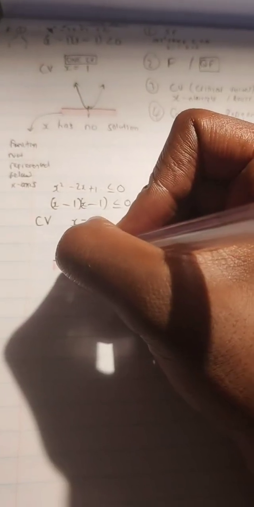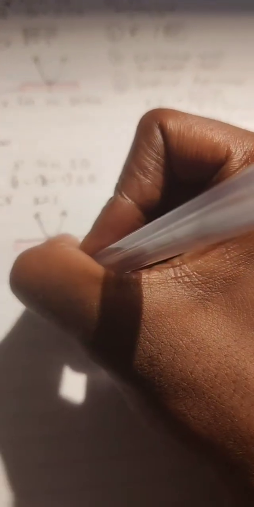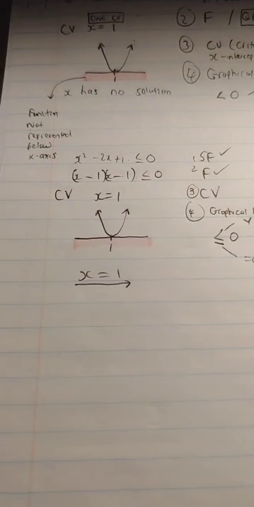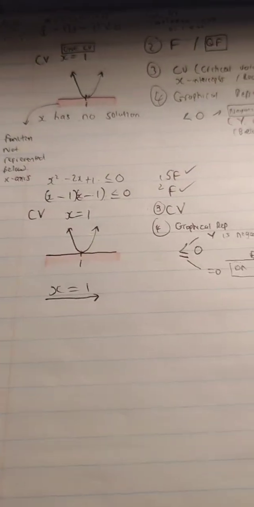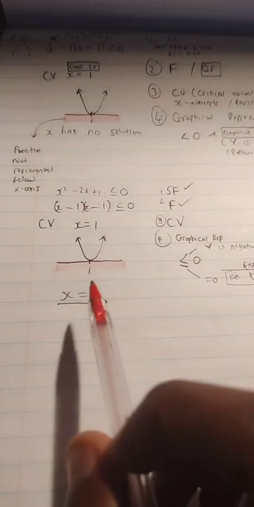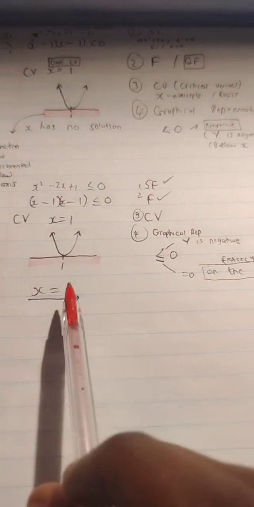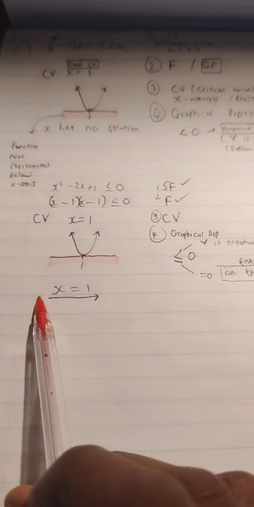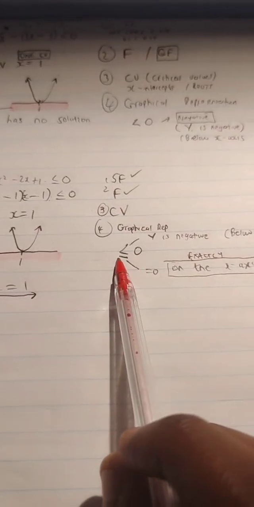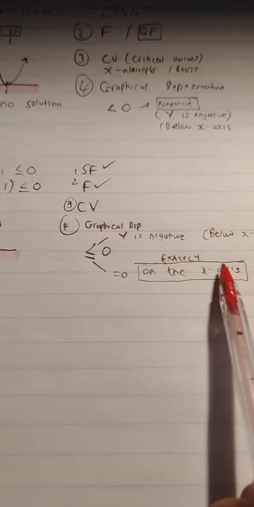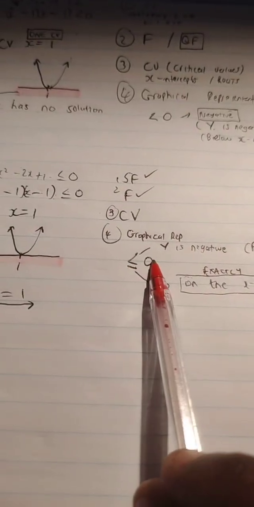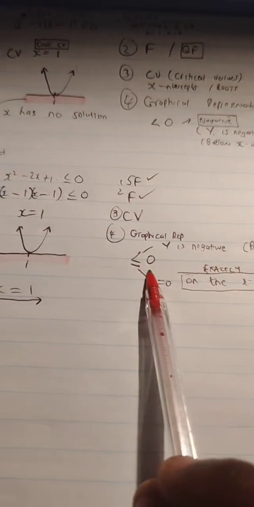So here we say x is equal to 1. That is the solution, guys. What is this referring to specifically? It is referring to where the function is on the x-axis, because this is less than or equal to 0.